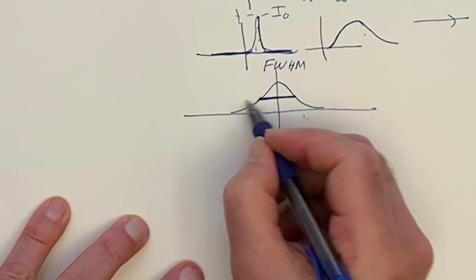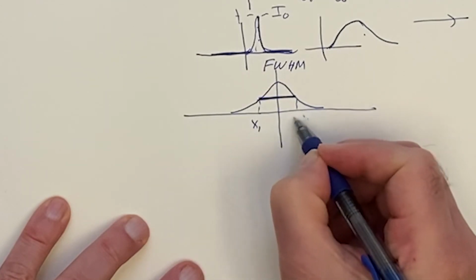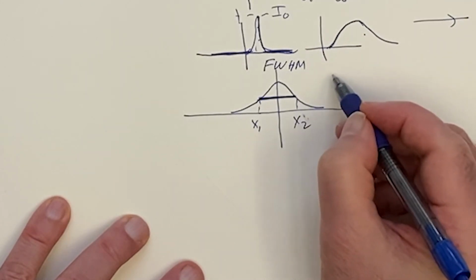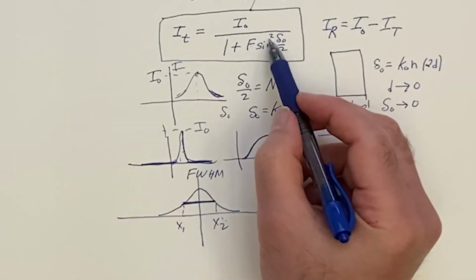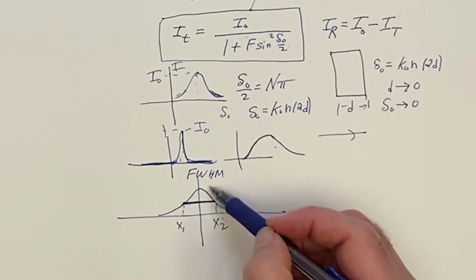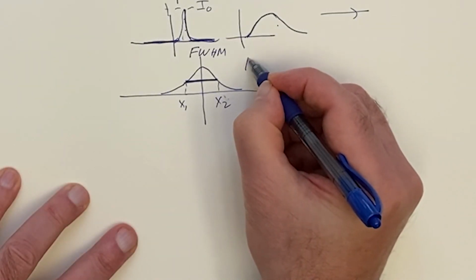Like this is 50% of the way to the top, and that's going to be an x1, say, and some x2. So we solve for that by taking our equation, and we want this denominator to be 2 to get the halfway mark.